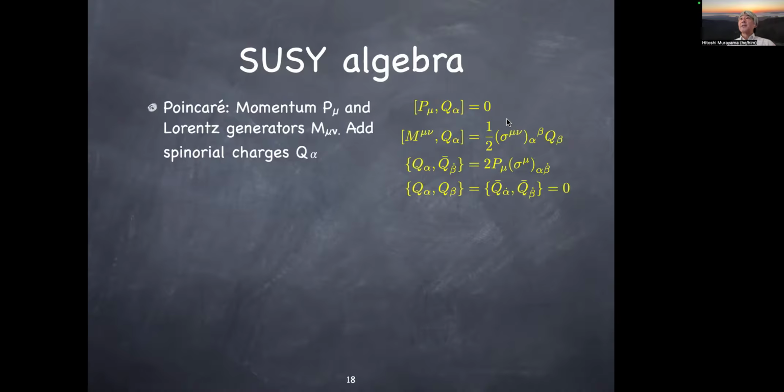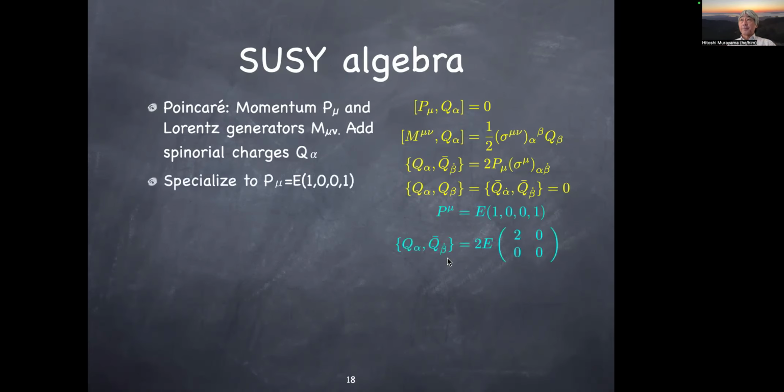Then, for the consistency of the commutation relations, you can show that the only non-trivial anti-commutation relations are the following: Q's anti-commute with each other, Q bars anti-commute with each other, and the Q, Q bar anti-commutator is the space-time translation. So this is the unique extension of the Poincare symmetry to allow for some extra space-time symmetries.